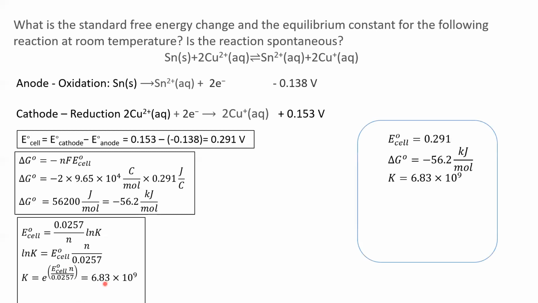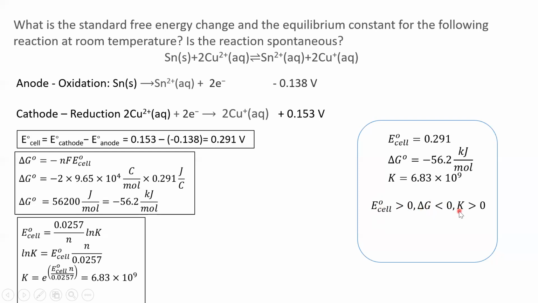All right, so to look at the numbers, E is 0.291. Delta G is negative 56.2, and K is 6.83 times 10 to the 9th. Okay, that means E is greater than 0. Delta G is less than 0.